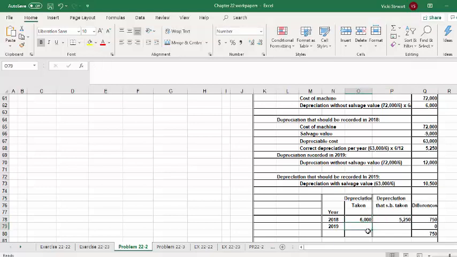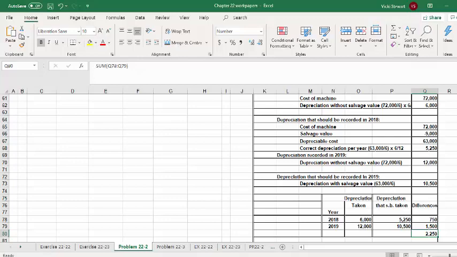And in 19, $12,000 was taken when only $10,500 should have been taken. So we're going to have to make a correcting entry for the $2,250 of excess depreciation that was taken because the salvage value was not deducted.